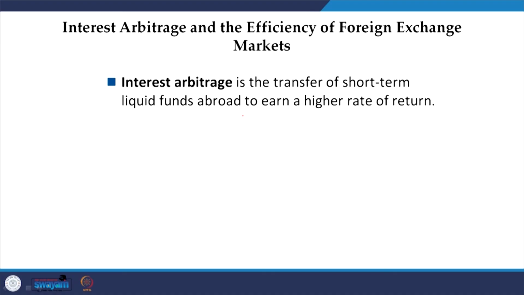There is a concept called interest arbitrage. Arbitrage, we have generally said, is the middle intervention. Here the interest rate is also acting as an arbitrage. This is the transfer of short term liquid funds abroad to earn a higher rate of return. So, wherever the interest rates are different, we can transfer and get the interest rate on it for getting profit.